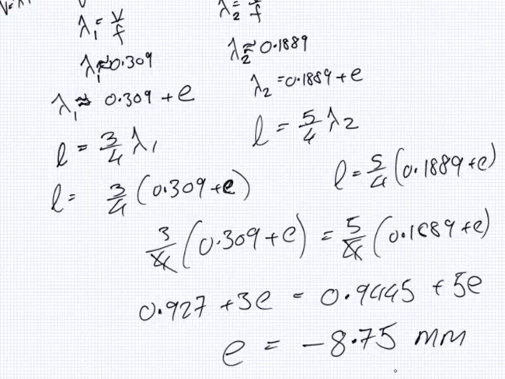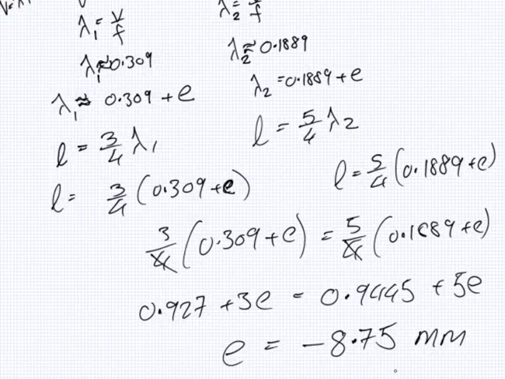So you have L equals 3/4 of (0.309 plus E), and here the length is equal to 5/4 of (0.1889 plus E). Now what do you think you do next here? Yeah, because they're both equal to L, now you have 3/4 of (0.309 plus E) is equal to 5/4 of (0.1889 plus E). Is this enough information to get the E? Yes. It is. So you can solve this.